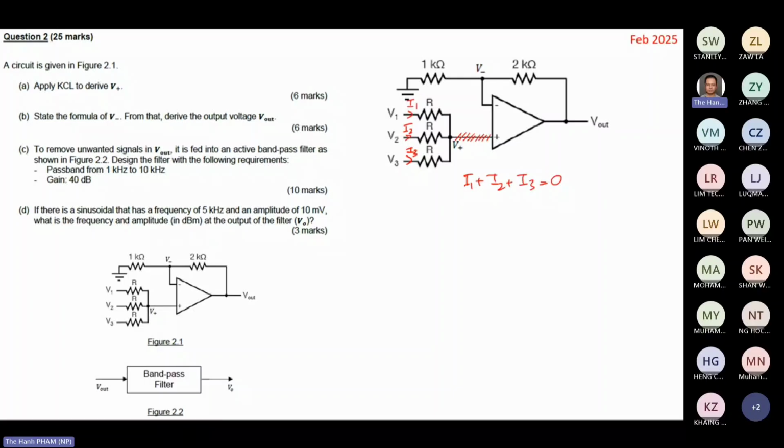Okay, wait. So now I am in question 2, right? And can you see question 2?